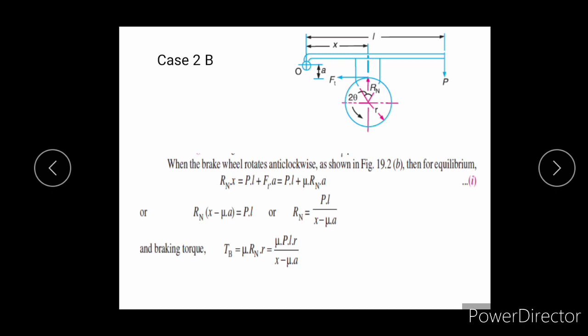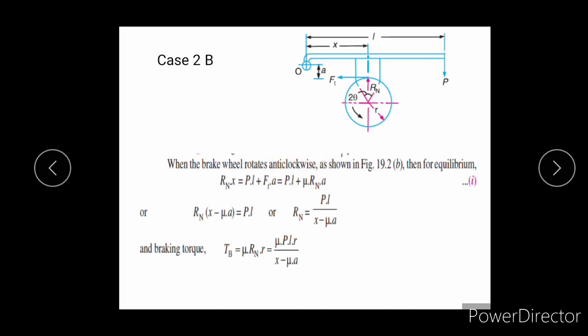It means that when you apply the effort, the frictional force adds to your effort. It means the frictional force helps your efforts. If you are applying P effort, the frictional force will support your effort. Here see P into l plus mu Rn into a. It means the frictional force is adding to your Pl.